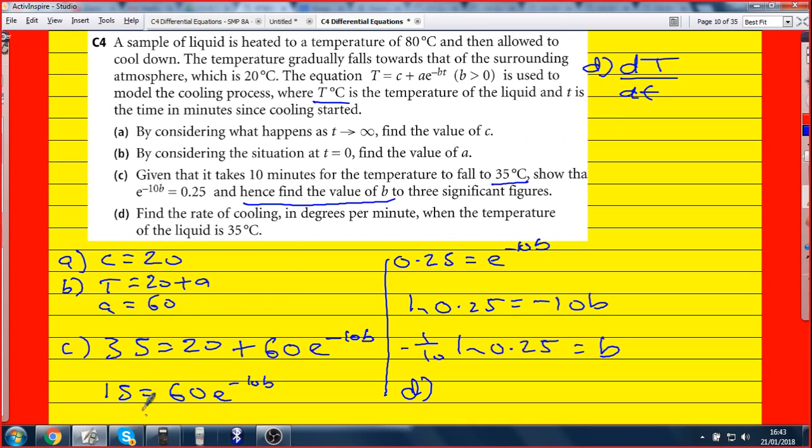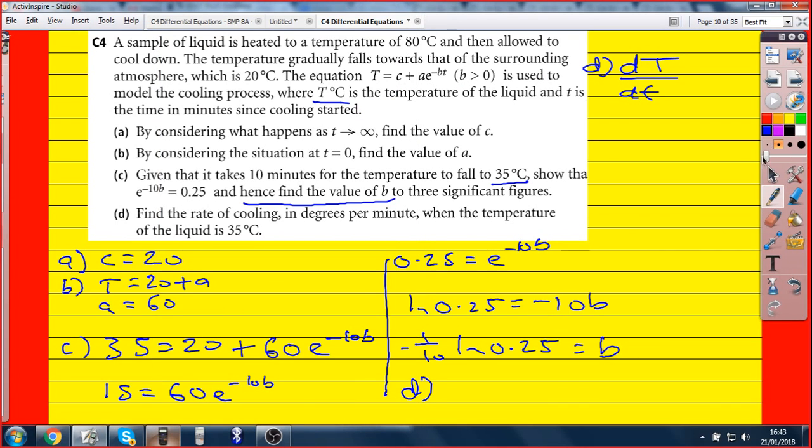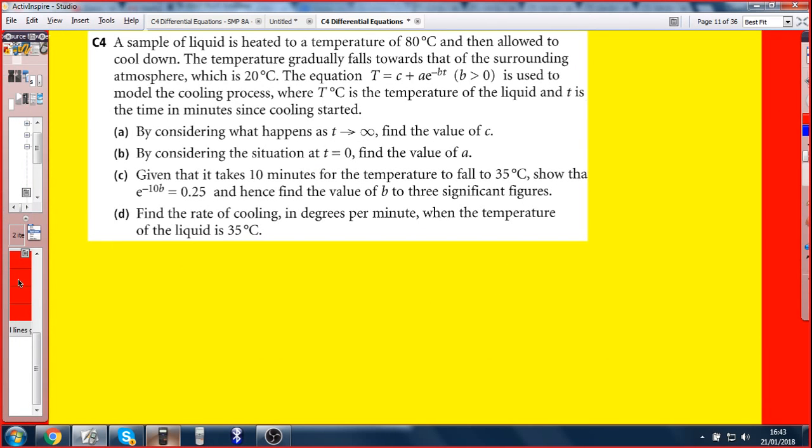Oh, hold on. We better get that b now. Minus 0.1 ln 0.25. Okay, so that's 0.139. So let's do this properly.